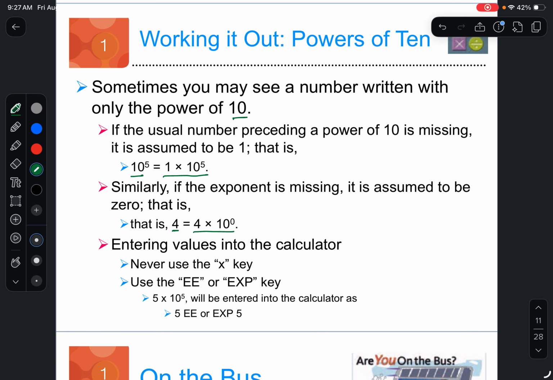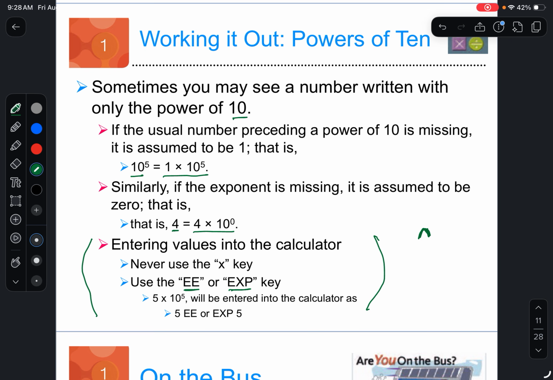Now, this is very important, how to put these numbers in your calculator. When buying a scientific calculator for this class, you want to make sure it has the E button or EXP button. You do not want to use this little caret symbol on your calculator that I'm drawing here to input scientific notation.